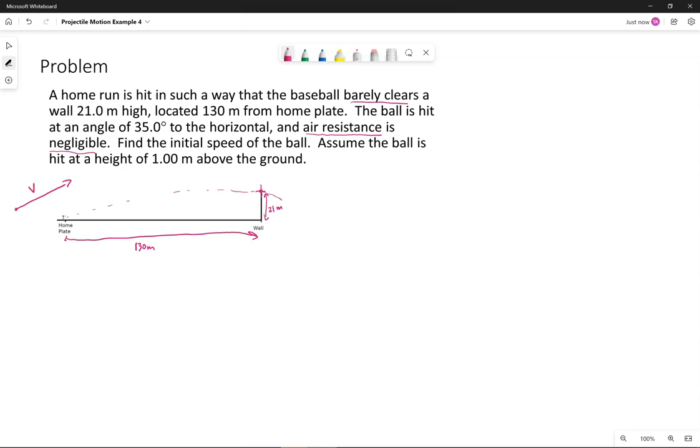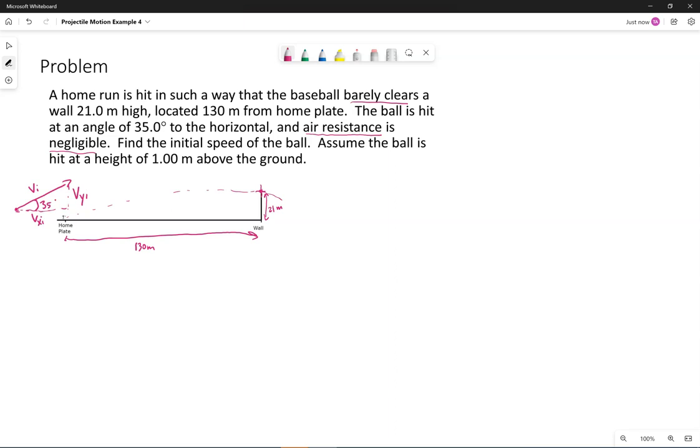So just drawing my velocity vector, 35 degrees here. It will have a y component and an x component. But in this particular case, we do not know the initial speed. So we do not yet have enough information to find numerical values.